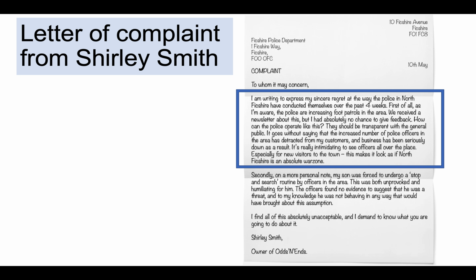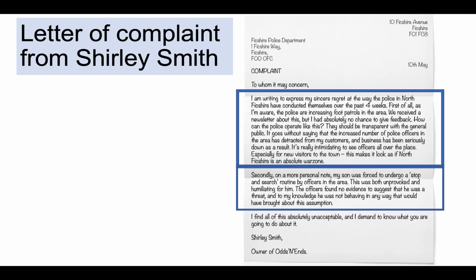It goes without saying that the increased number of police officers in the area has detracted from my customers, and business has been seriously down as a result. It's really intimidating to see officers all over the place. Especially for new visitors to the town, this makes it look as if North Fixshire is an absolute war zone.